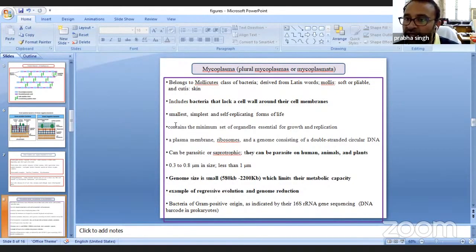Similarly, we have the DNA barcode, the sequence of the DNA which we are using as a parameter to recognize and differentiate one species from another one. Okay? So this is DNA barcode. Now, in the case of eukaryotic systems, the most common DNA barcode is the cytochrome C oxidase gene, which is present in the mitochondria.